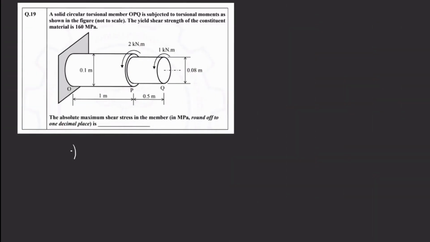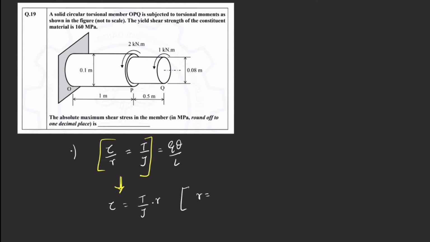So in order to solve this question, we will use our torsion formula. Tau over R equals T over J equals G theta over L, where we can use this relation to move further. So it will become tau equals T over J into R. Since we need to find the maximum shear stress, R will be D by 2, that is the radius of the shaft.